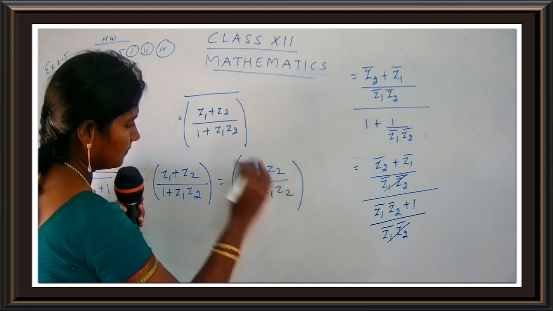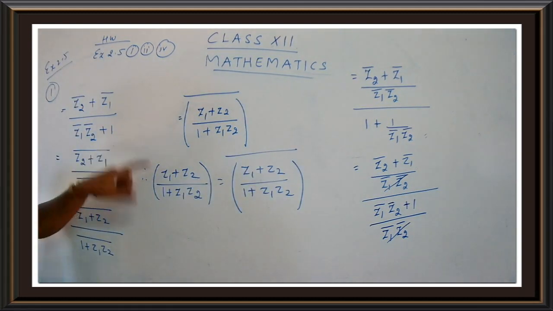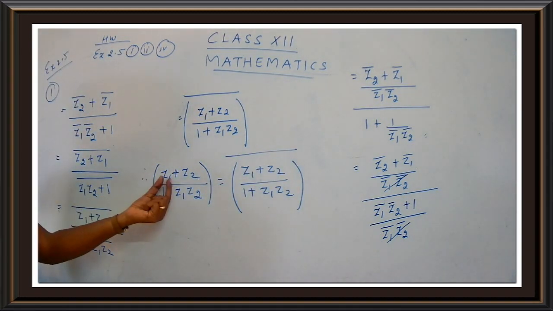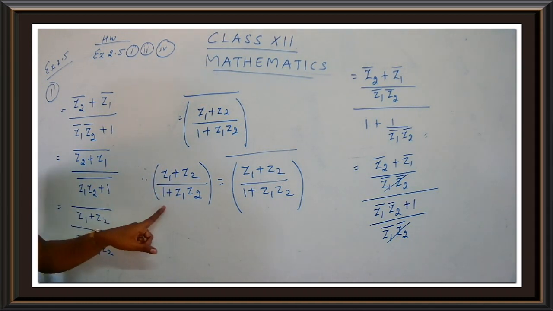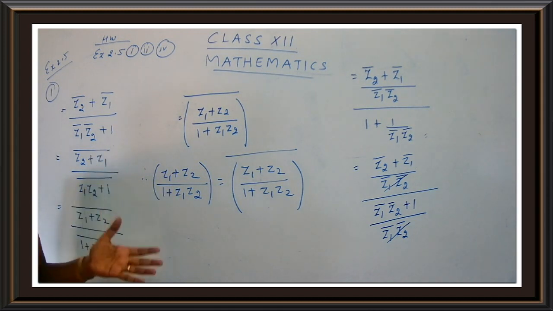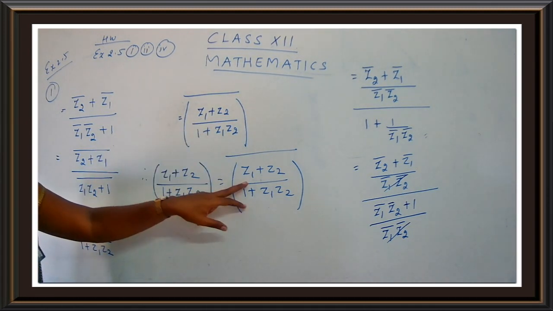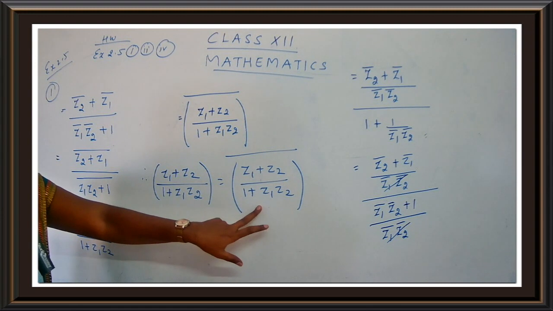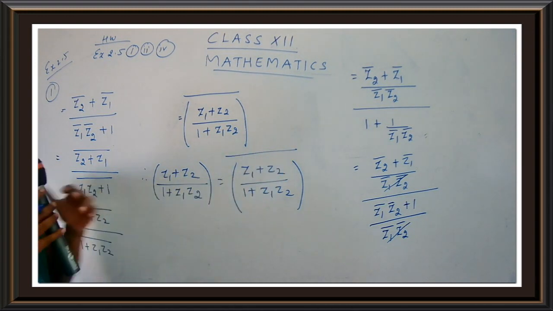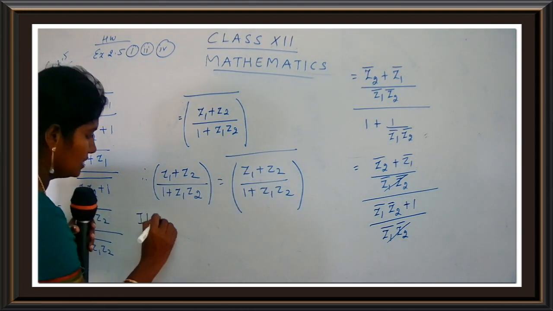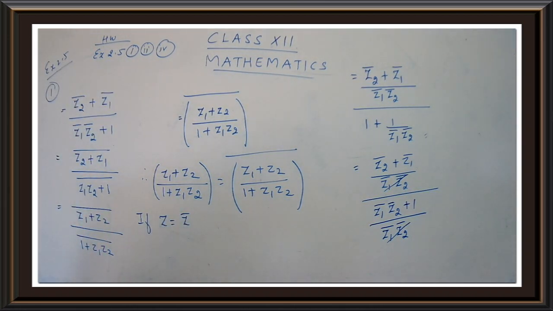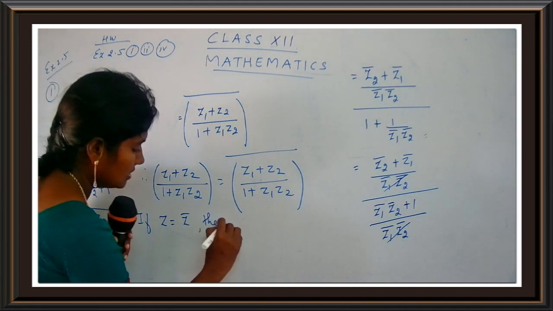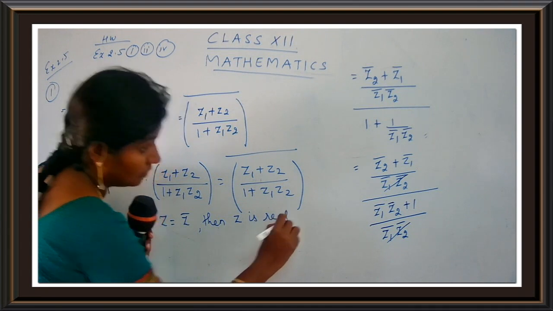I considered this complex number z1 plus z2 upon 1 plus z1 z2, and now we have arrived at its whole conjugate. If z is equal to z bar, then z is real. I hope you remember this. Again, this was done under the property of a conjugate.